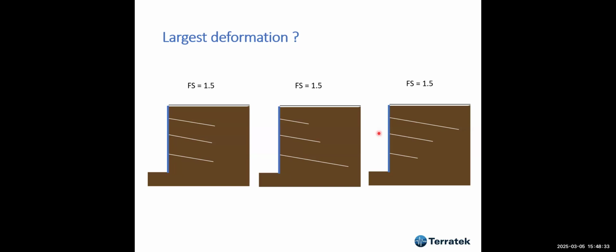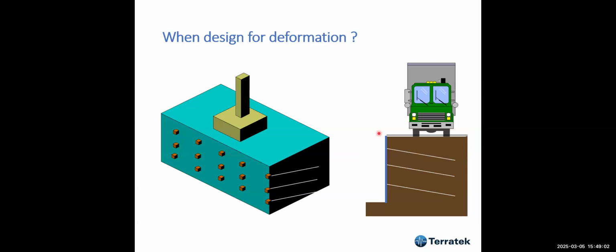The question I would like to ask you: in these three cases, all three have the same factor of safety of 1.5 on the limit equilibrium. But if you do a deformation analysis, which one do you think is going to have the least deformation? Okay, I'm not going to tell you now, but you're welcome to discuss with me later on.